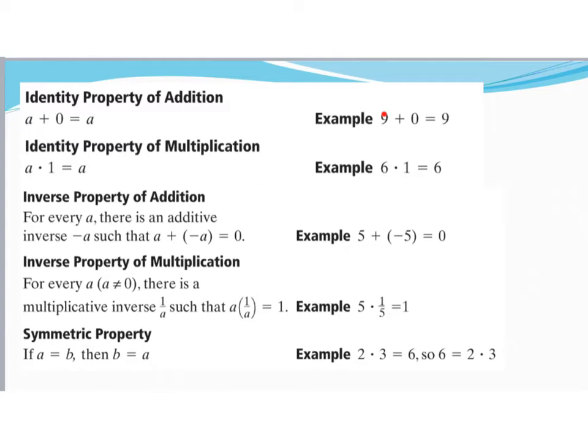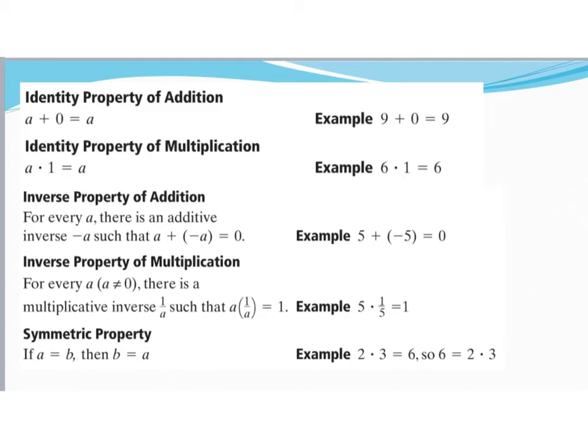So numerically, I can say 9 plus what will still give me 9, or I can say 9 plus 0 is 9. Likewise, when I'm multiplying, I think to myself, what can I multiply A by to still get A out at the end? And the answer to that is 1. So the identity property of multiplication is going to be to multiply by 1. So 6 times 1 equals 6, and that's because 1 is the identity for multiplication.